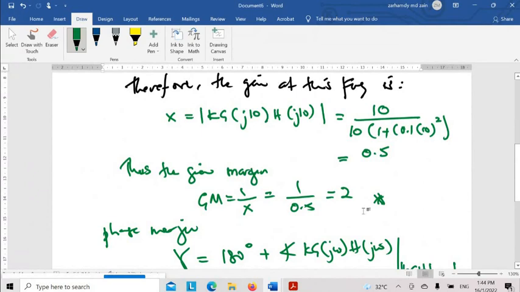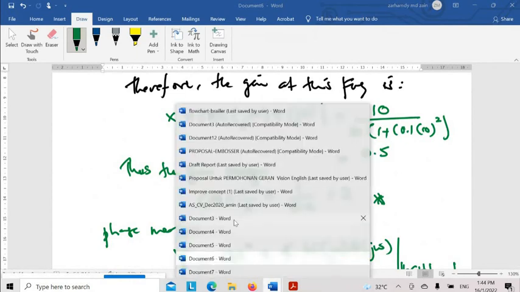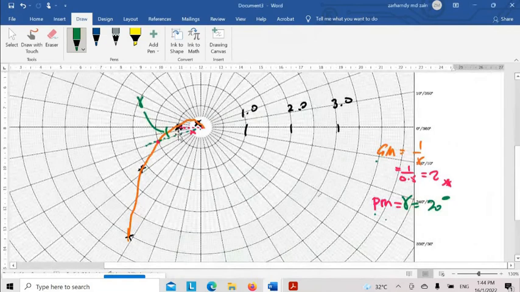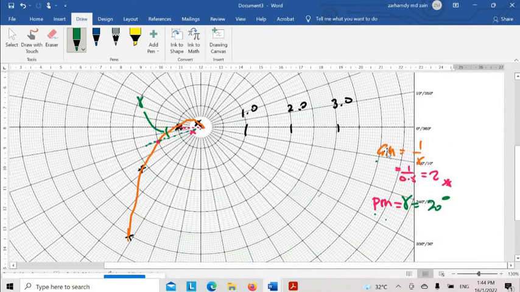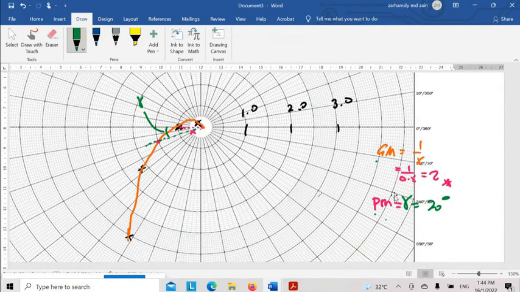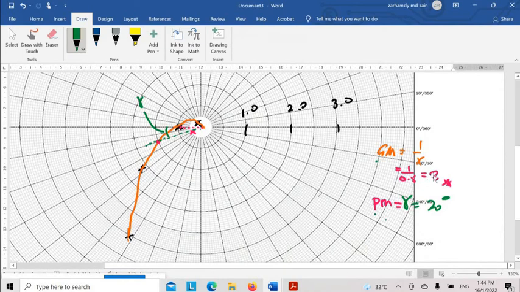Maksudnya once you come up with the diagram of Nyquist, based on your Nyquist, you will get directly by graphical the gain margin and phase margin. But if they ask you to prove by using the mathematics, you already know the answer based on the graphical.